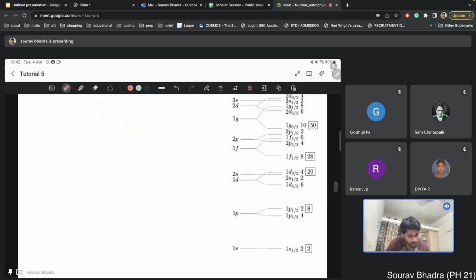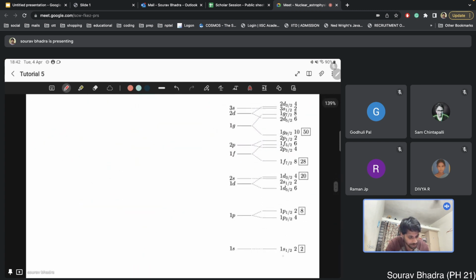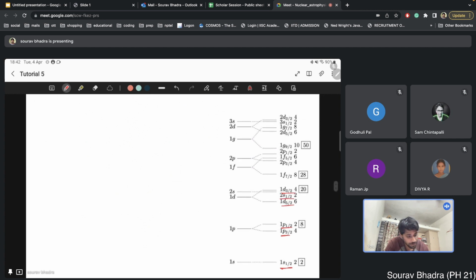Just note that 1s half is the lowest energy, then 1p 3 by 2, then 1p half, 1d 5 by 2, 2s half, 1d 3 by 2. And if possible, just try to remember up to this, up to 50, because it is very useful for the exam. Just try to remember it a few times, because there you can find some pattern.